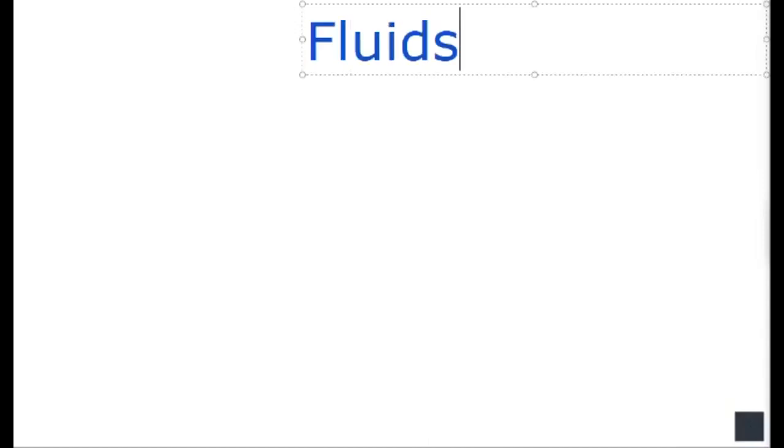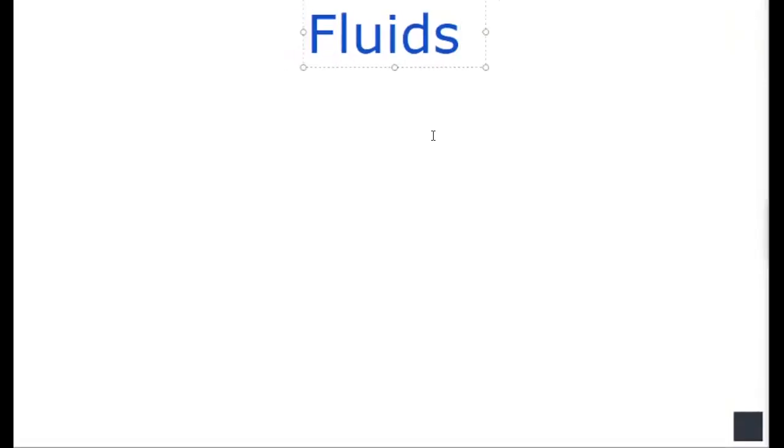I think we were disconnected and now we have reconnected. I have given the heading as fluids, the final section of mechanics. Please write the note: a fluid is a common term used for both gases and liquids.